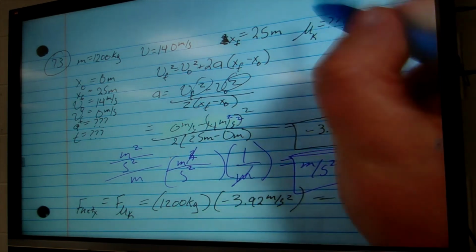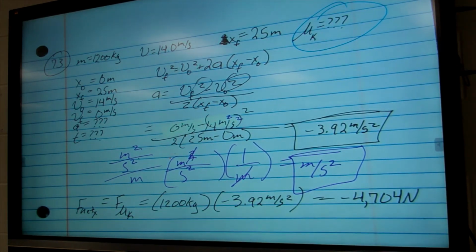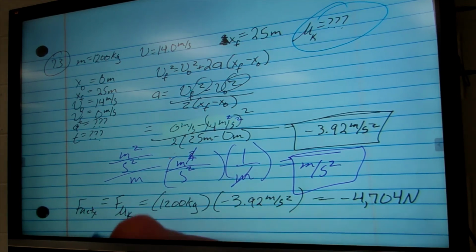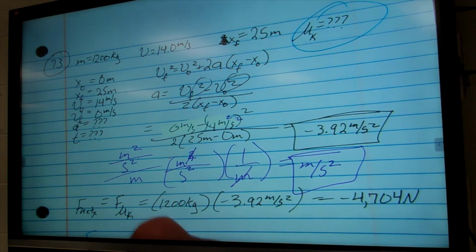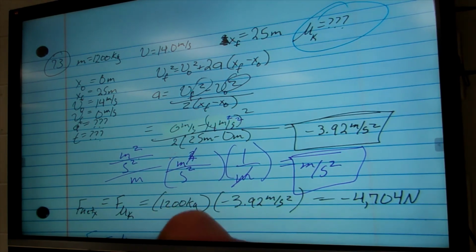So you take that number and divide it by the normal force. Beautiful job. Why? Because the force of kinetic friction equals the kinetic coefficient of friction times the normal force.